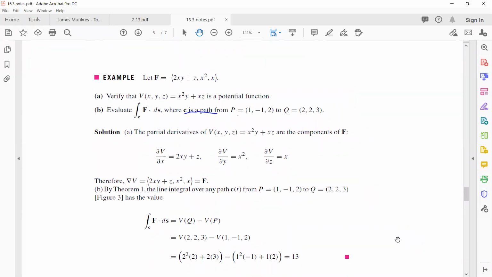The integral is equal to v at q, the endpoint, minus v at p, which is the starting point. We just need to substitute x, y, z into our potential function. The outcome is equal to 13.